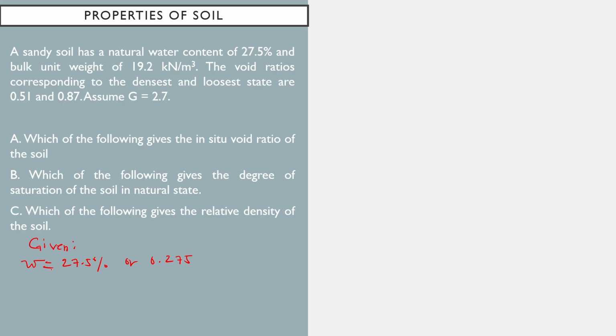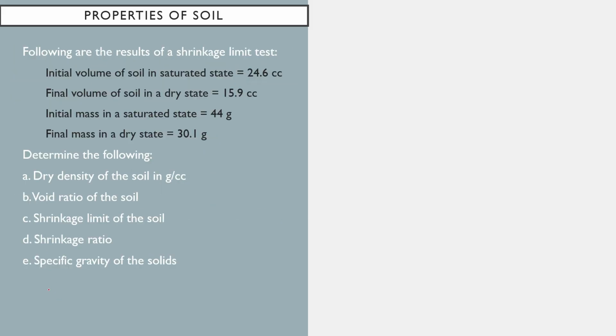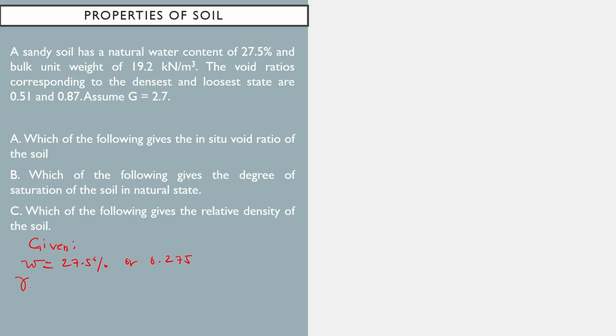So, yung bulk unit weight, same lang yon sa moist unit weight or unit weight. Same lang yon. So, gagamitin na lang natin dito is gamma sub m, is equal to 19.2 kilonewton per cubic meter. Ayan. And then, binigay din yung specific gravity, which is 2.7. So, G is equal to 2.7.